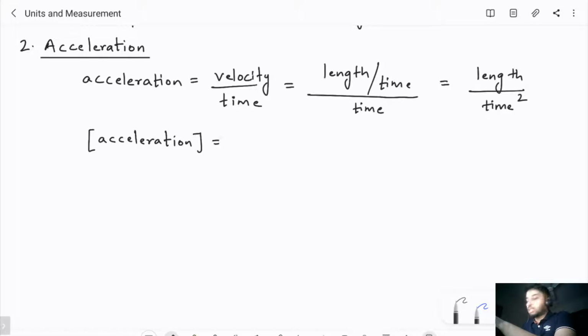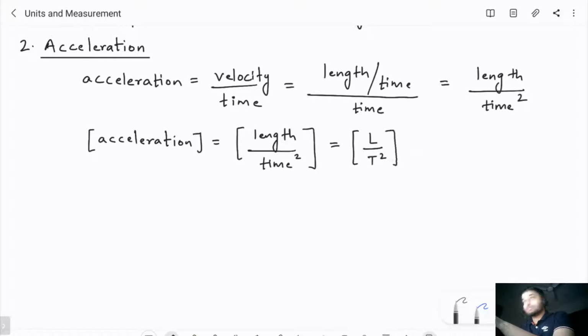will be same as dimensional formula for length by time square. So that becomes L by t square. That can be written as LT minus 2.